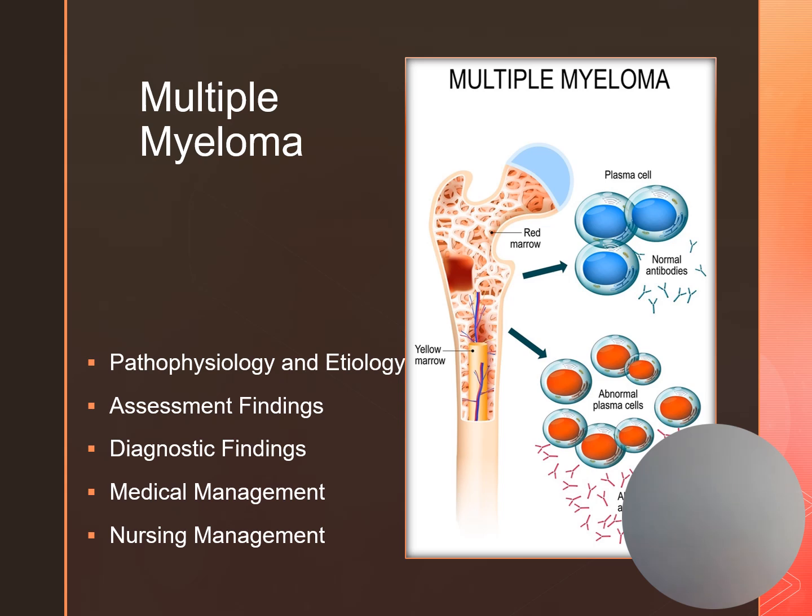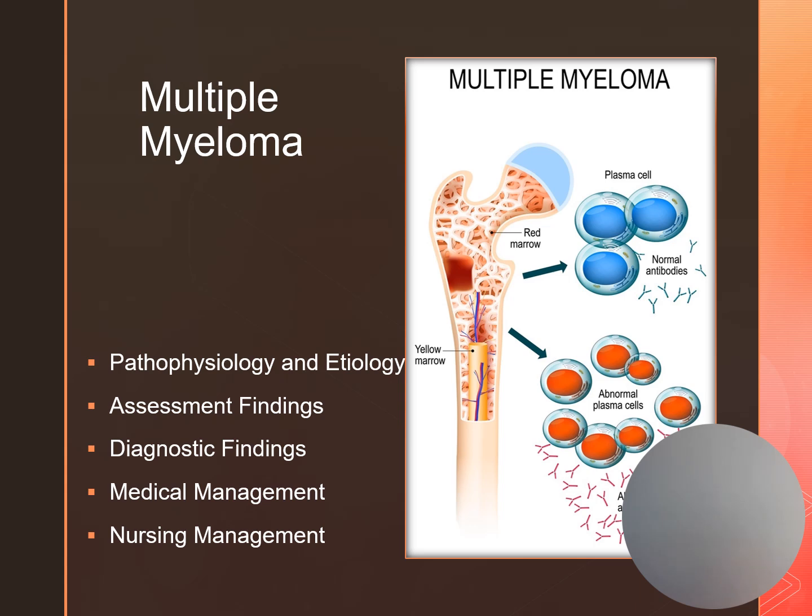We have elevated calcium levels, renal insufficiency, anemia, and bone lesions. We diagnose this by looking at our skeletal x-rays. We look at bone lesions. We're looking at our serum calcium levels, and they'll probably be elevated. We can also diagnose with a bone marrow aspiration because it will show increased atypical plasma cells.